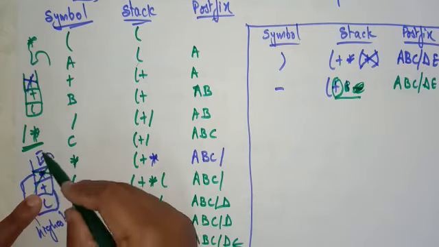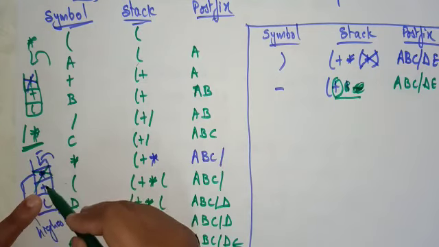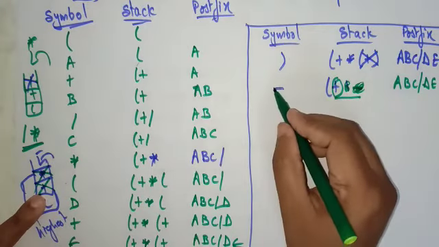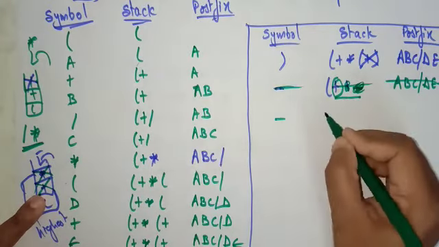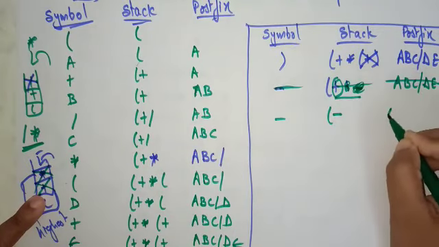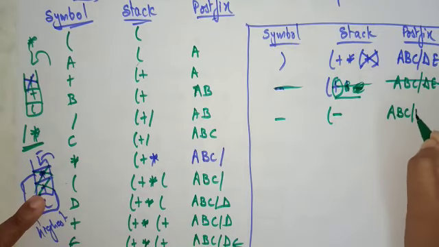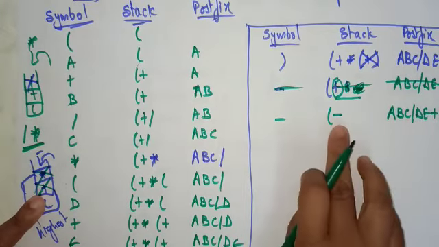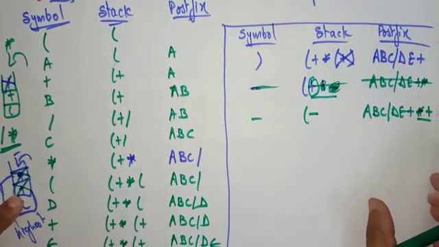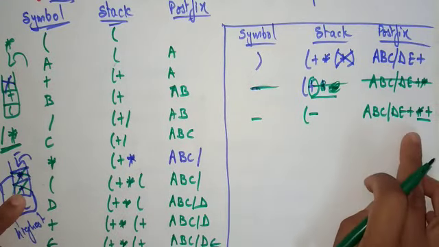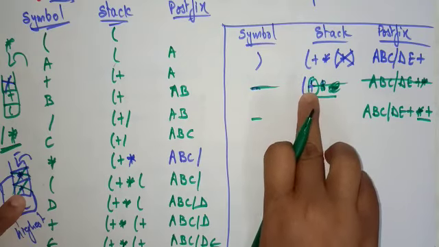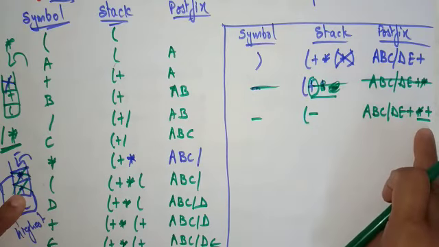Plus and minus both have the same priority, so I need to pop the plus also. The postfix is now A, B, C, division, D, E, plus, star and plus. I popped two symbols to place minus because plus and minus have the same priority, so they can't stay together.